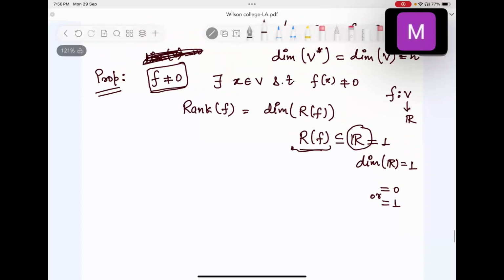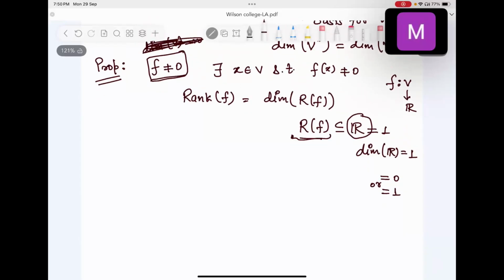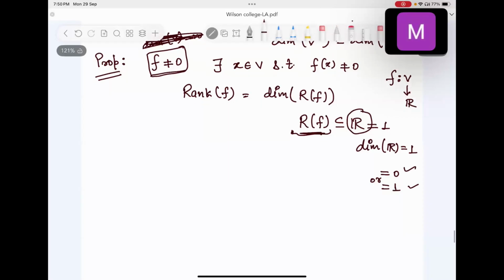So the dimension of the range space of f can be either 0 or 1, right? But we have taken that f is non-zero, so this range space is not 0. At least this vector is there.